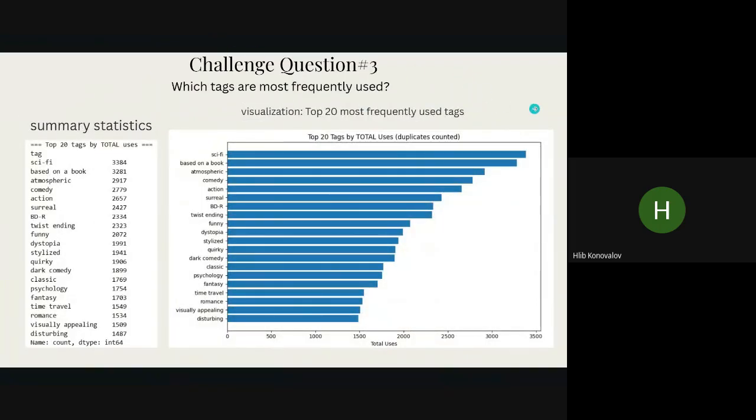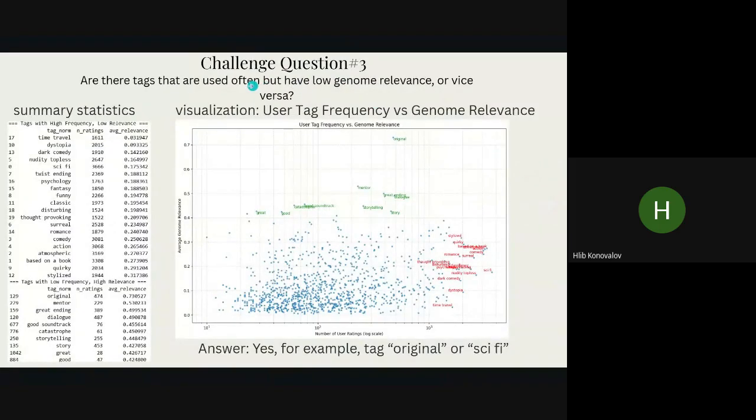And the third question is which tags are most frequently used. Here we can see that sci-fi is the most popular tag, followed by based on a book, atmospheric, comedy, etc. And the second question of challenge question 3 is, are there tags that are used often but have low genome relevance, or vice versa?